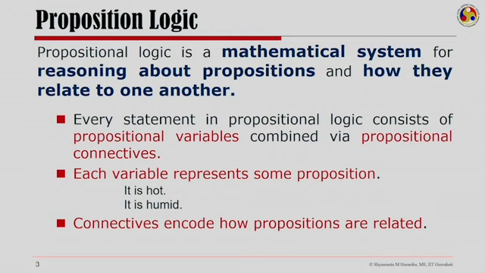So, connectives encode how propositions are related. We started with two simple propositions, one saying it is hot, the other saying it is humid, and then using propositional connectives I could create a more complex statement like if it is humid then it is hot.